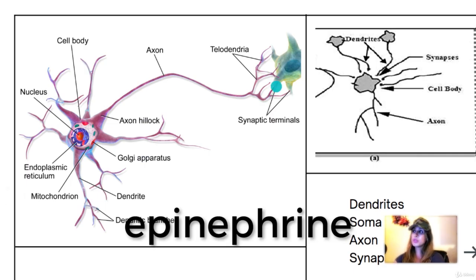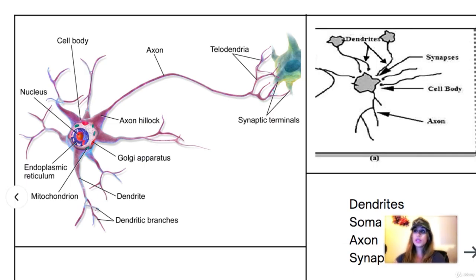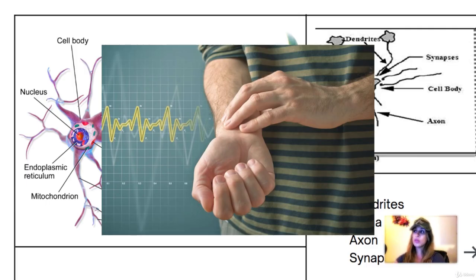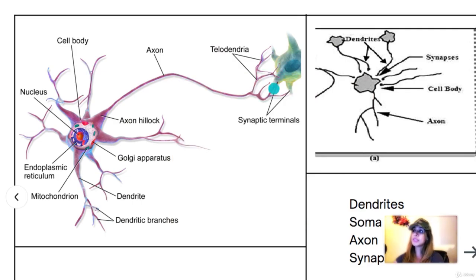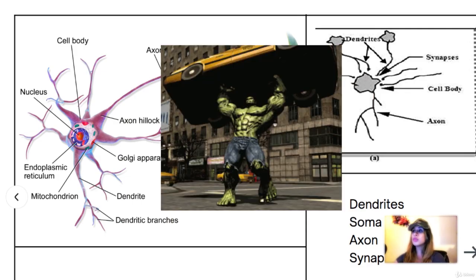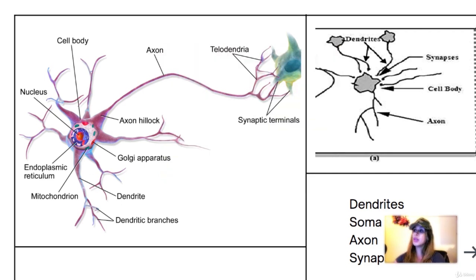And when we produce epinephrine, it increases our heart rate. The synapse reaction causes our heart rate to increase. We can gain muscle strength. It can even increase our blood pressure. And the reason this happens is that it's preparing our body to respond and to deal with some sort of strenuous activity.